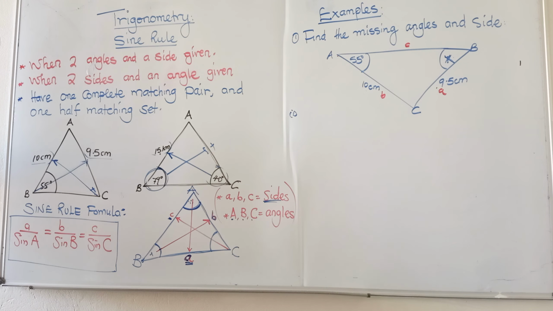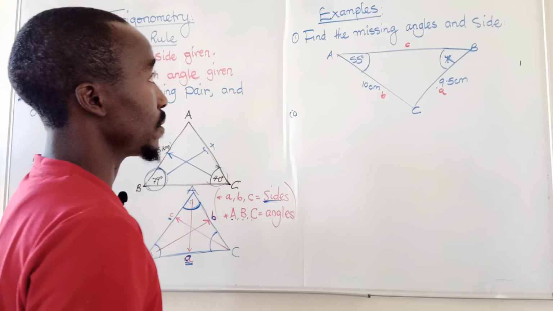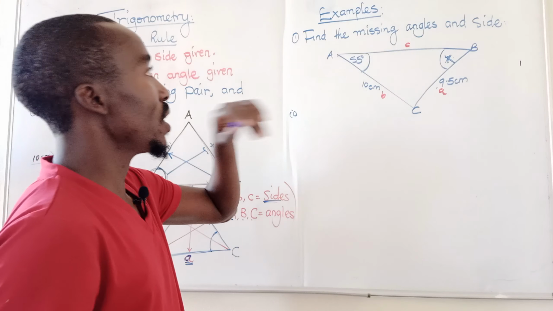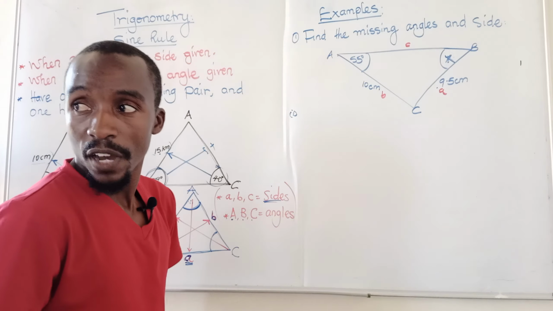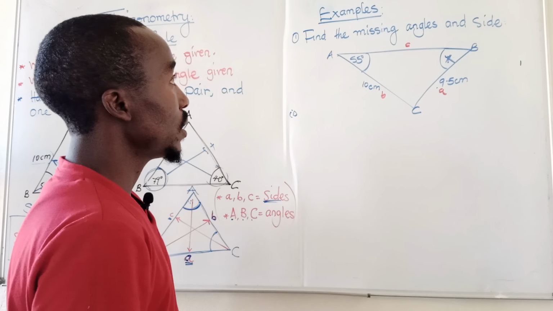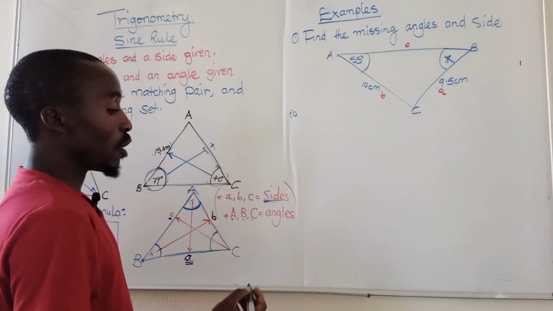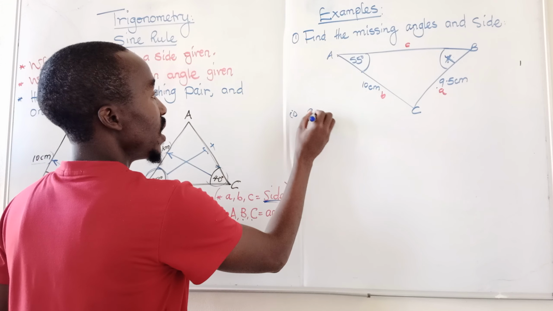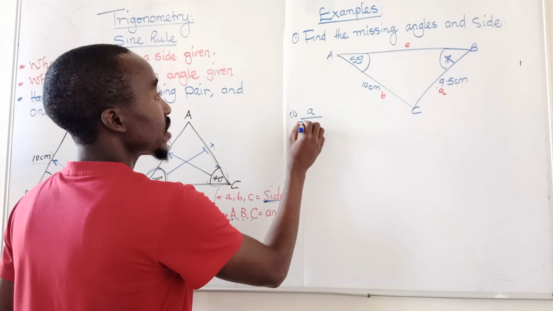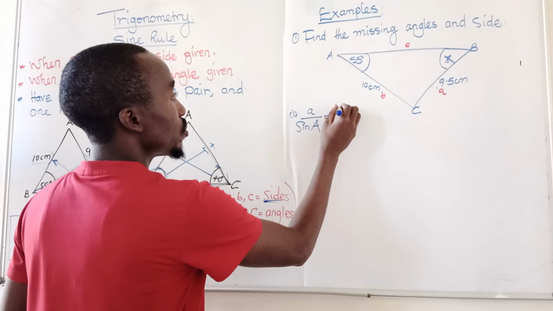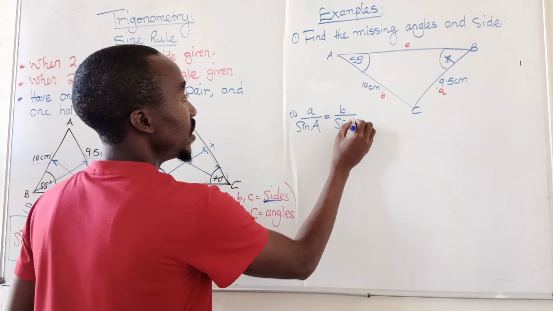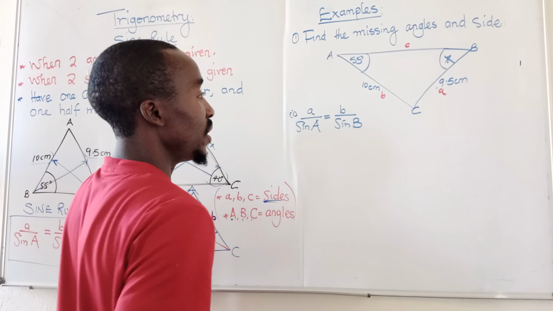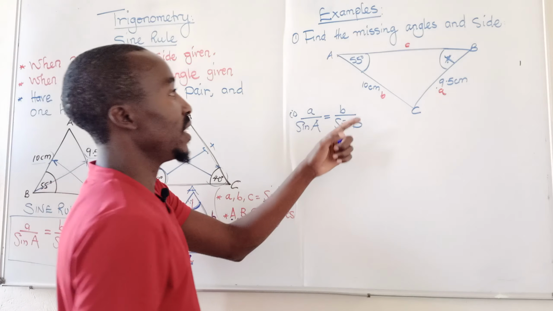Now, let us look at a few examples. Example number one: find the missing angles and the side. So we use our formula. We say a over sine A is equal to b over sine B. Now, what have we been given here?